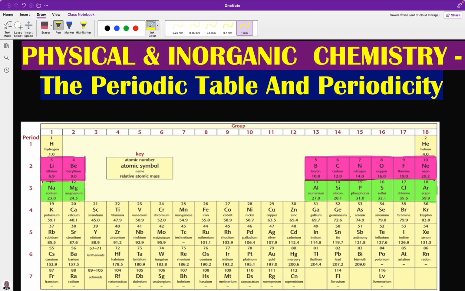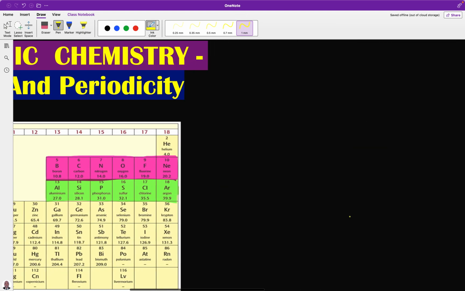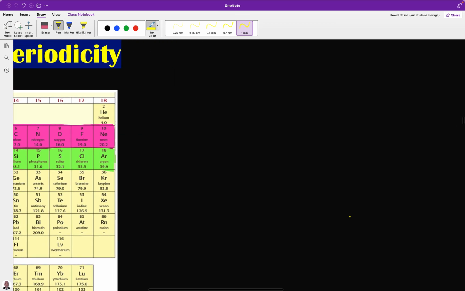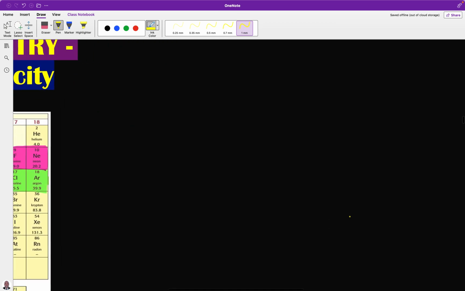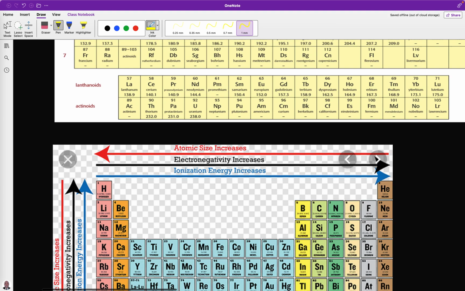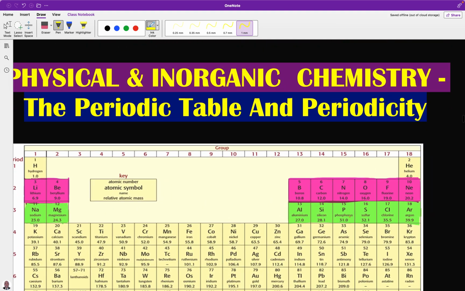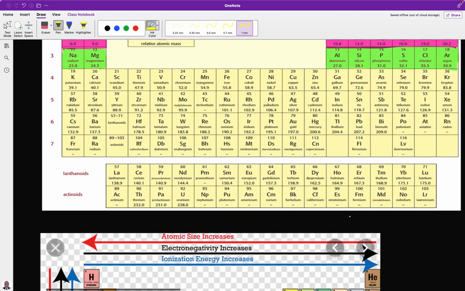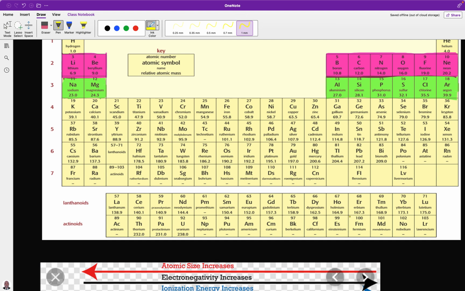Another interesting area is covalent radius. What is a covalent radius? The covalent radius is half the internuclear distance between two adjacent non-bonded atoms.